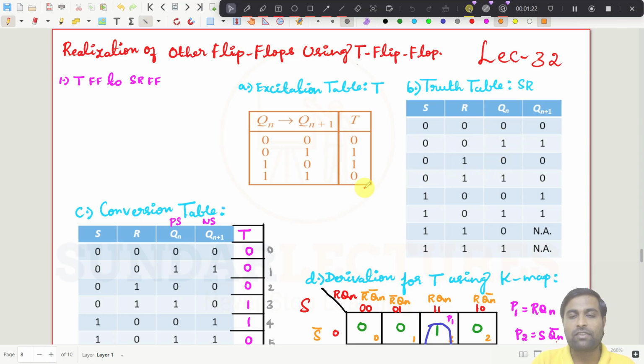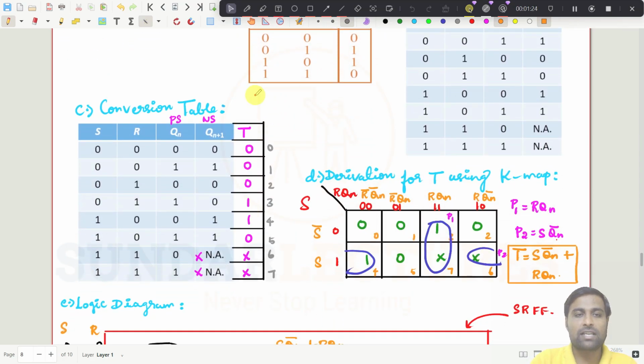So this is the SR flip flop truth table, and we have drawn the conversion table, the present state and the next state taken from the excitation table, and we have derived the T inputs. With the help of S, R and Qn, we need to derive the expression for T, so we drew the Karnaugh map to get the expression for T, and we have got T here.